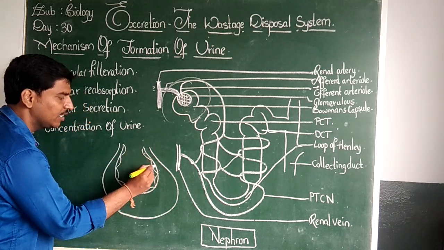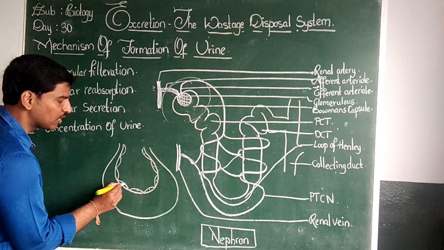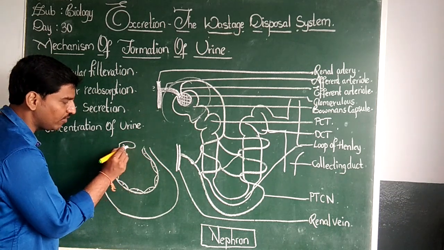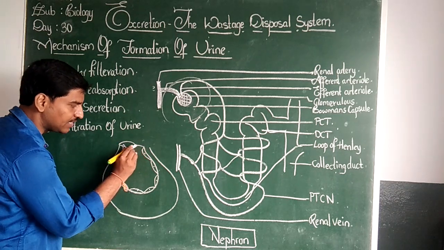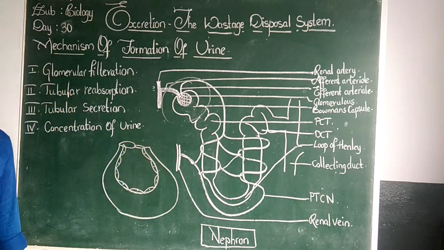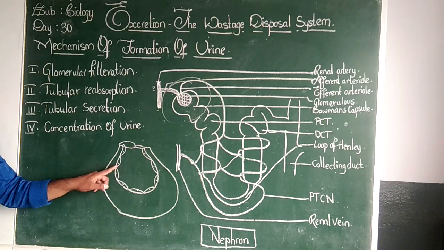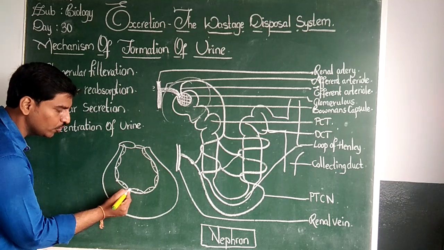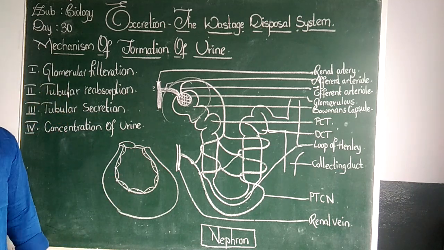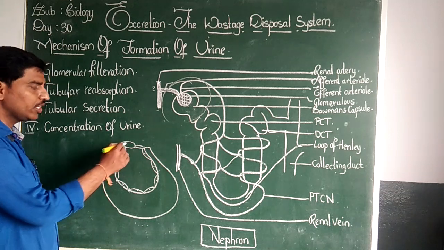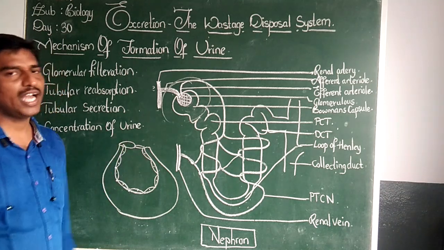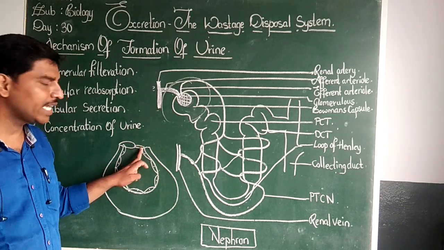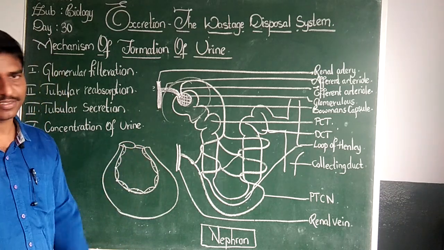I told you it has an inlet and an outlet. In between these cells, minute pores are present. Now look at the inlet and the outlet: the diameter of the inlet is more and the diameter of the outlet is less.